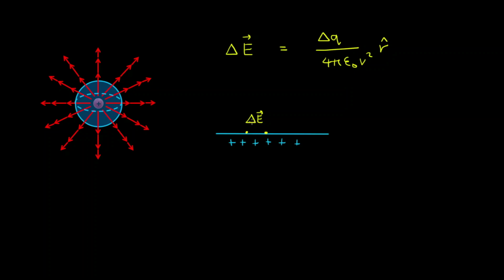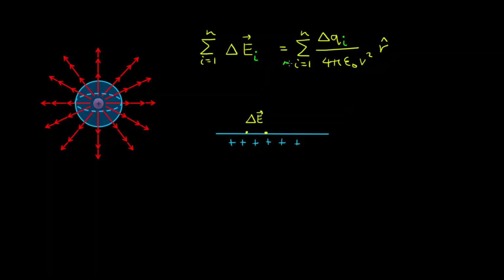Using the superposition principle, we can sum up all these changes over the number of charges we have, from i equals 1 to the number of charges, and we assign the index i to the change in electric field and the change in charge.